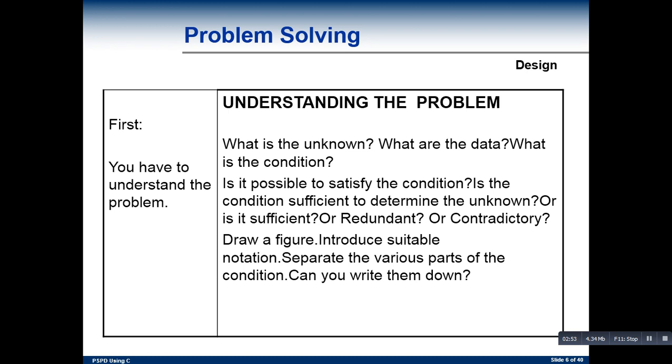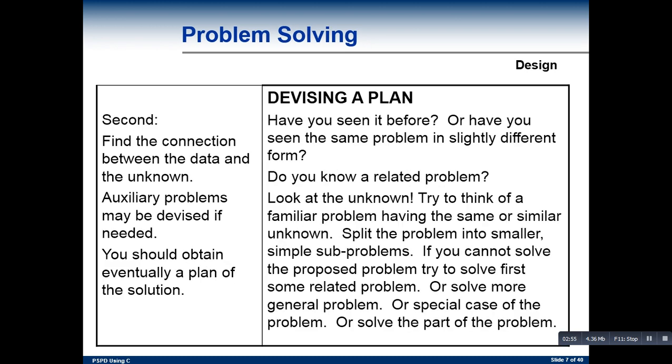Now problem solving, second: find the connection between the data and the unknown. Auxiliary problems may be considered if needed. You should obtain eventually a plan of the solution. Devising a plan: have you seen it before, or have you seen the same problem in a slightly different form?